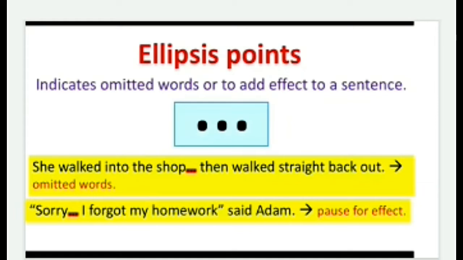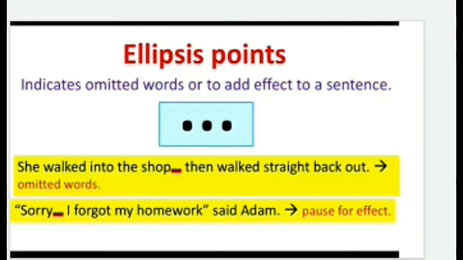And then, "Sorry... I forgot my homework," said Adam. So this is a pause for effect. Here some pause is happening, so for that pause we can use the ellipsis point.